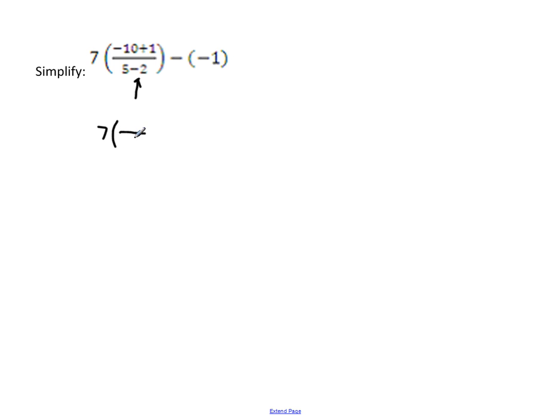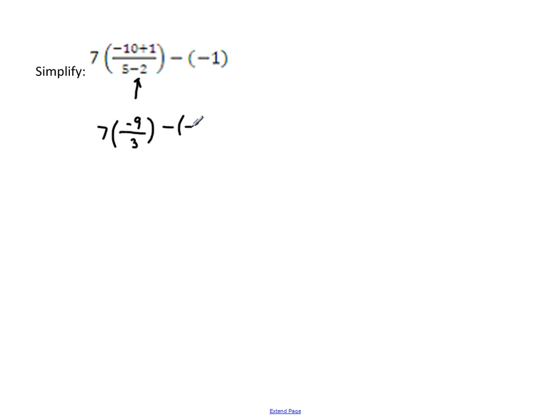Within this grouping, we have to do anything that comes above the division bar first that we can simplify. So we're going to take negative 10 plus 1 to get negative 9. And then we do whatever comes below the fraction bar separately. And of course, 5 minus 2 is 3.